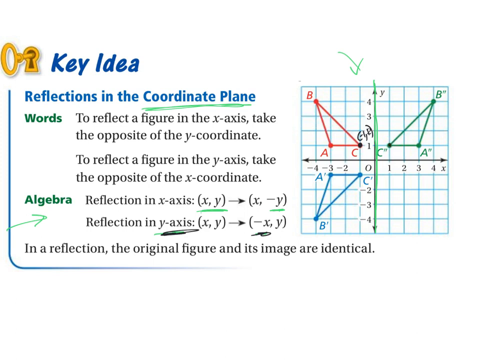So this new point that mirrors this is just 1, 1. This one up here is negative 4, 4. So again, that x becomes positive instead of negative, and it reflects over here to 4, 4. This one here is negative 3, 1. So again, the x value, negative 3, becomes positive 3, 1.